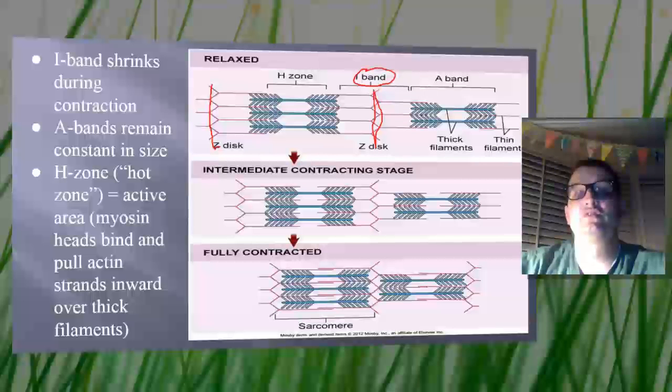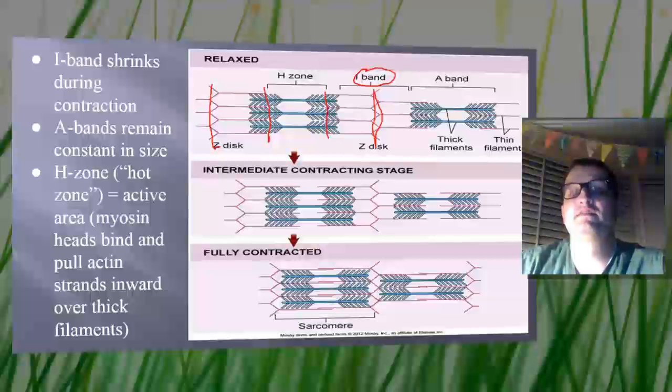The H zone here is the hot zone, and that's where the action is occurring between actin and myosin. So you can see that the A band includes, basically, where the actin is, and it includes the hot zone, or the H zone.